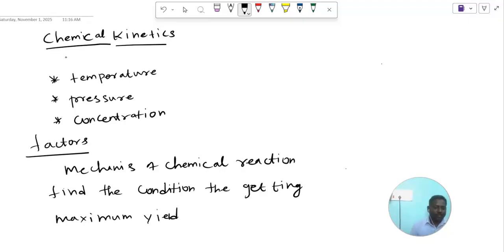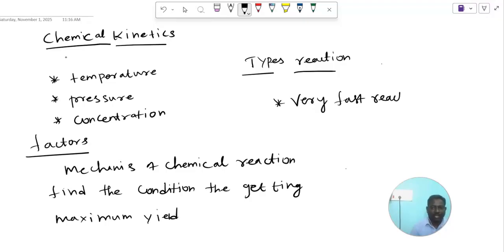So there are different types of reaction in chemical kinetics we are going to study. So types of reaction. In the context of chemical kinetics, the type of reaction is classified as very fast reaction, very slow reaction, and the moderate reaction.